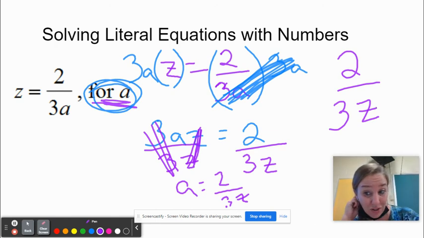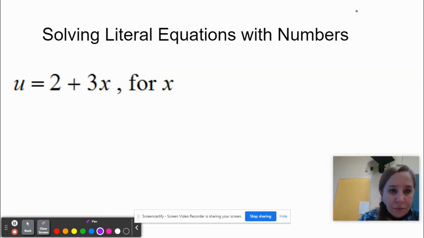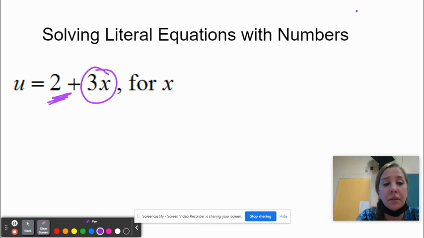So we're still just doing the same steps we've always done to solve equations, but now it just looks a little strange. Solving for x. Again, before you can get the variable alone, you have to get the variable term alone. So the 2 is the problem here.